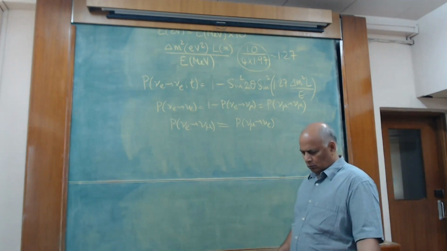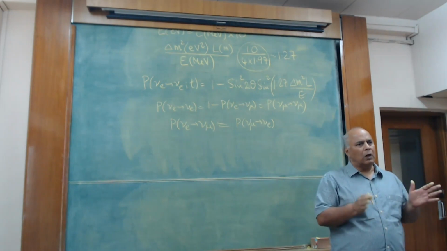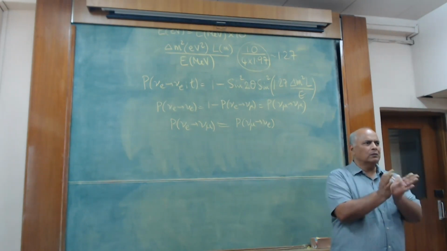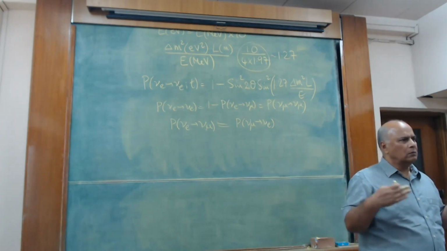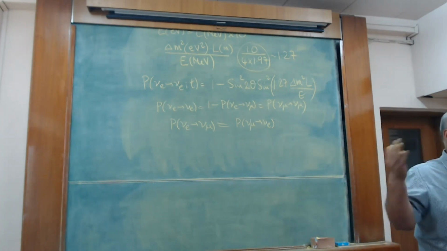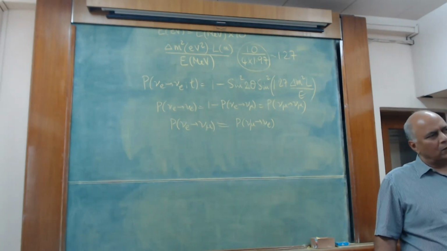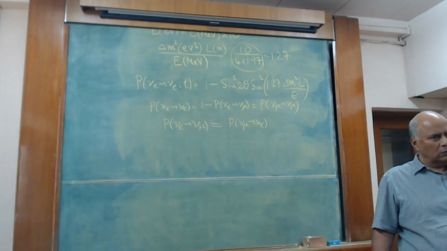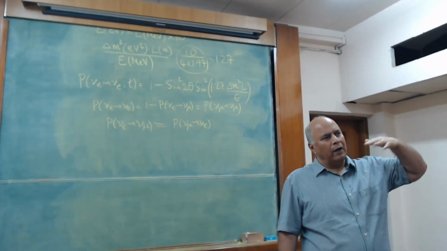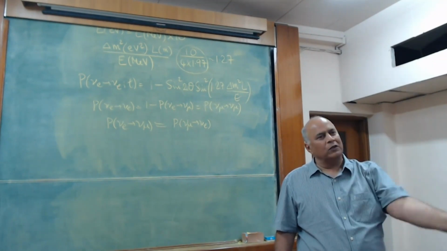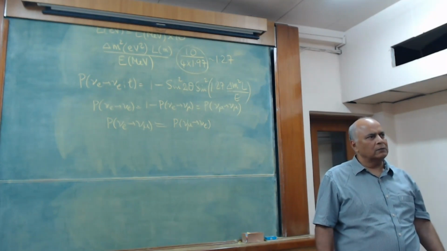So, simple thing, we take a neutrino source and we make some measurement of how many neutrinos it is emitting, and based on that we put a detector some distance away and we calculate how many neutrino events we expect to see in the detector.